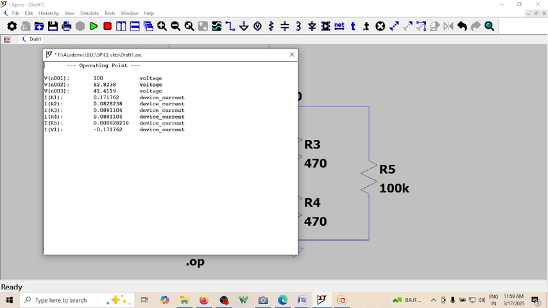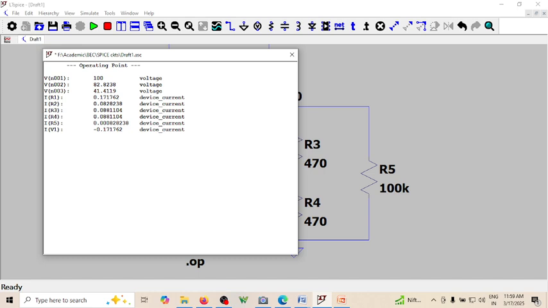I just write it in a different color. So I of R1 is 171.76. IR2 is 82.82 milliamperes, and R3 is 88.11 milliamperes, and of course these two are same.